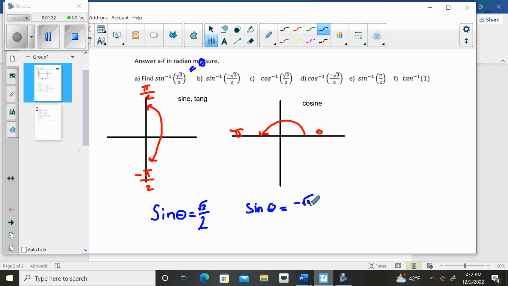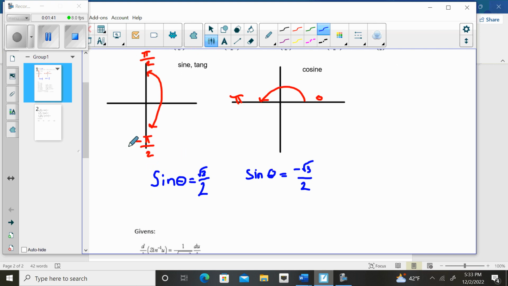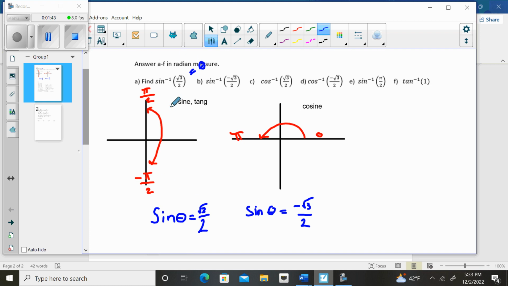For this first example, we should know what angle has a sine of radical 3 over 2. That's 60 degrees. Okay, 60 degrees is pi over 3. When we want negative radical 3 over 2, we don't get to the fourth quadrant by going like this, right? We don't look at a 300-degree angle.